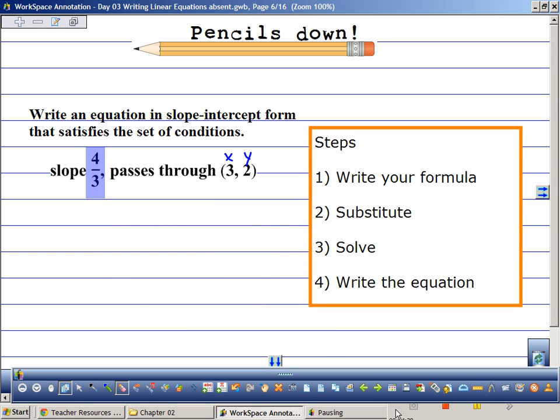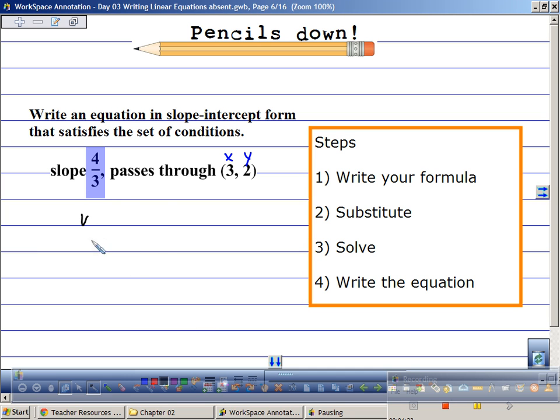All right, let's do the same thing, only I'm going to use point slope form. So point slope form is y equals my slope, only I'm going to insert my y value and my x values.